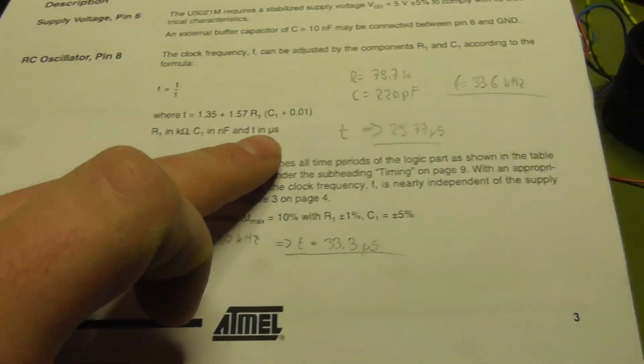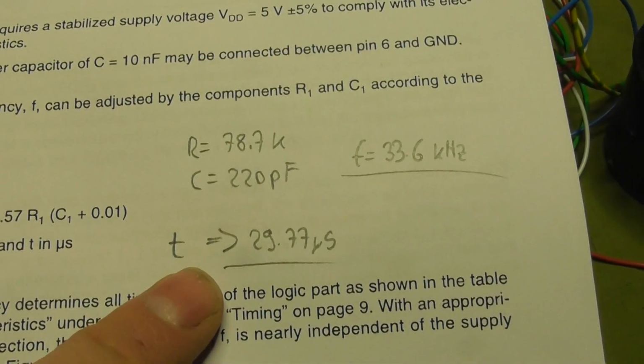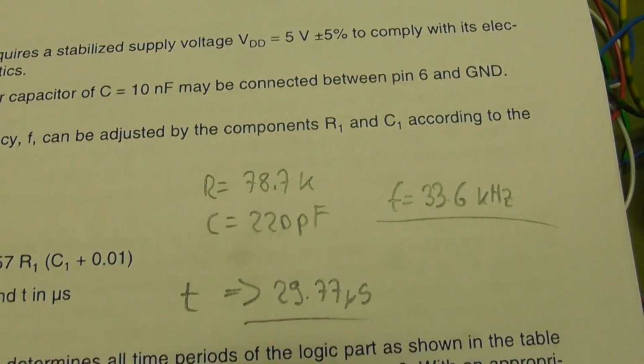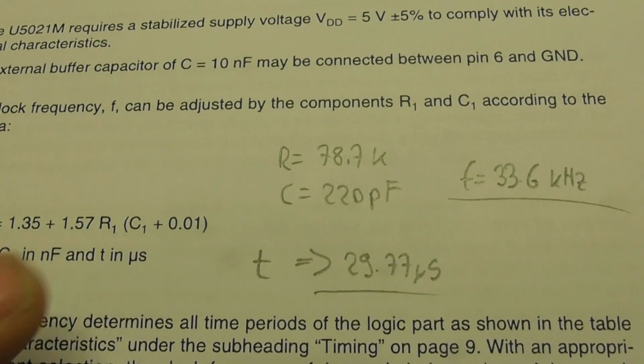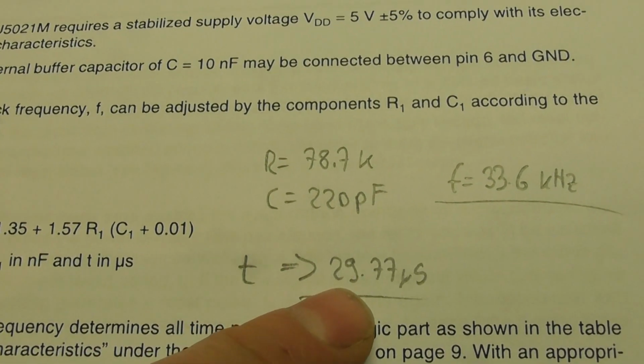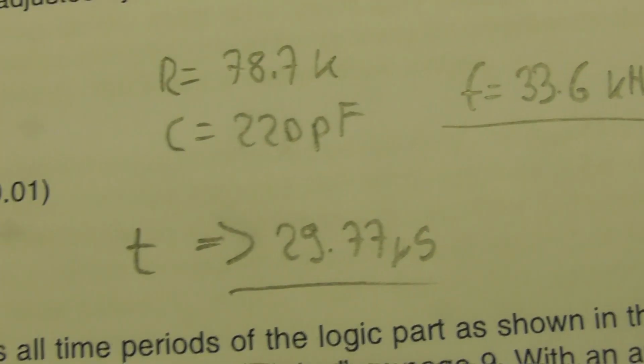And here is a formula to calculate how long a time cycle is. I have already calculated with these values that I have on my PCB. So one timing cycle takes 29.77 microseconds.